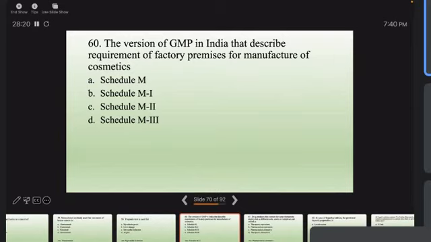Then we have blood glucose monitoring kits also. So the answer is Schedule M2. To just reiterate, Schedule M1 is for homeopathic drugs, Schedule M2 is for cosmetics, and Schedule M3 is for medical devices.